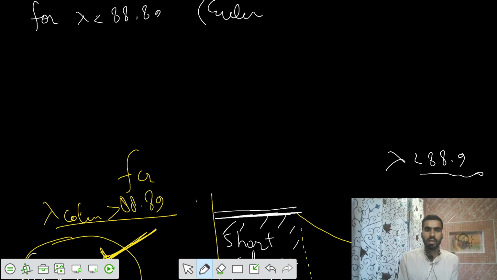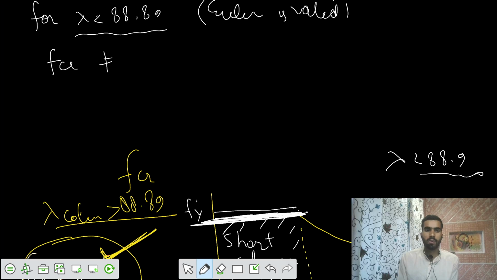But what I am saying is that your graph remains constant. That means at Fy equals 250 megapascal for mild steel, if you have lambda lesser than 88.89, your FCR is not a function of lambda or length.